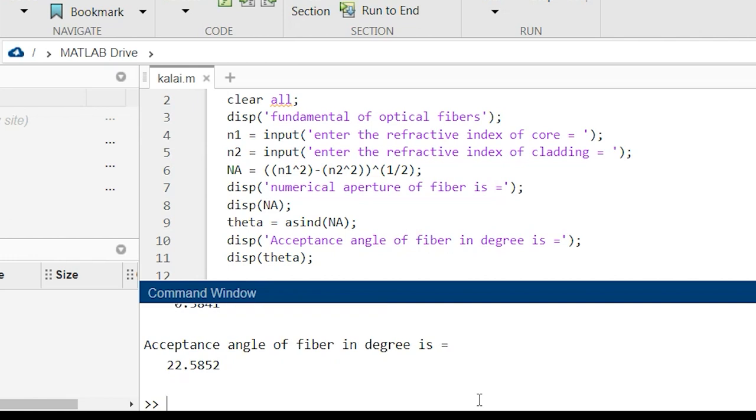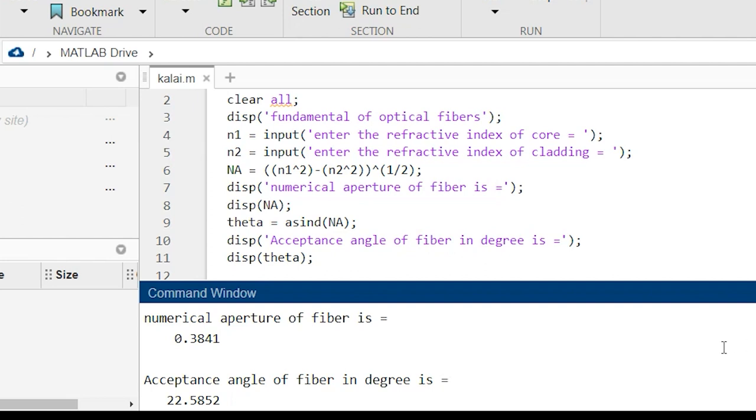So if we enter both the values, finally it gives the numerical aperture of fiber as 0.3841 and the value of acceptance angle as 22.5852. If we change the value of n1 and n2, we will get different values of numerical aperture as well as acceptance angle.